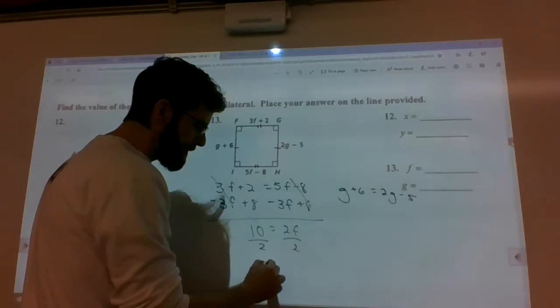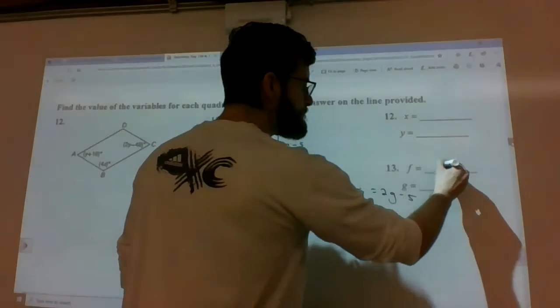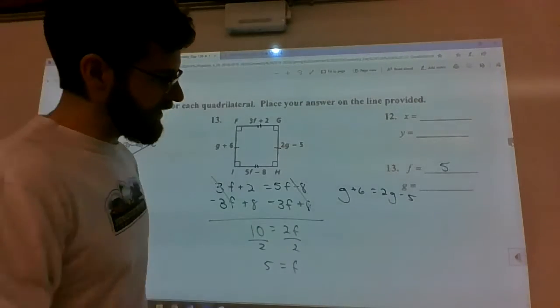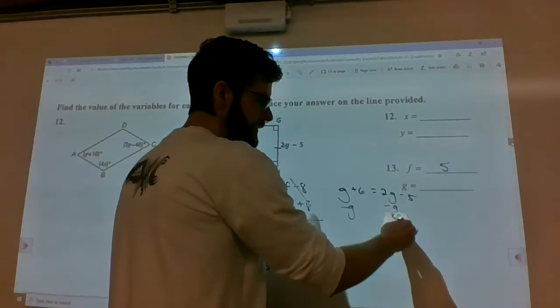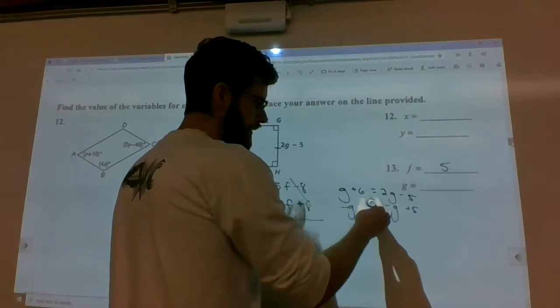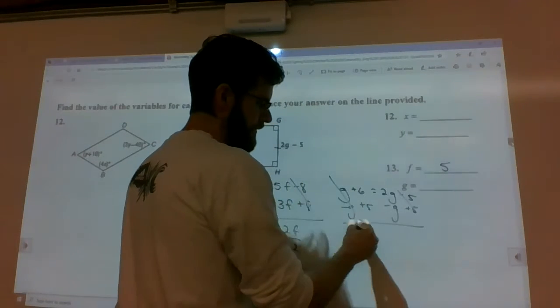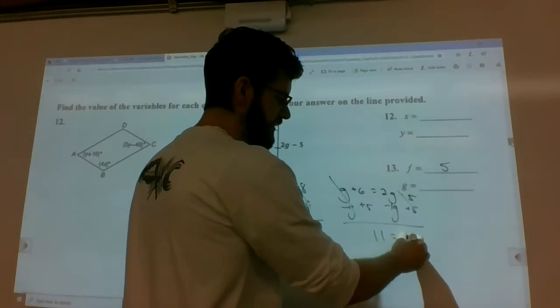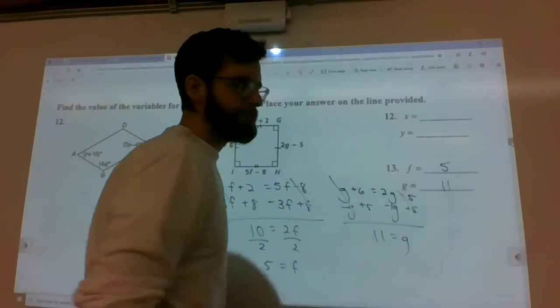F is equal to 5. Over here, subtract the g, add the 5. 11 is equal to, I just put a 1 in front there, so it's 1g. It's just g. G equals 11.